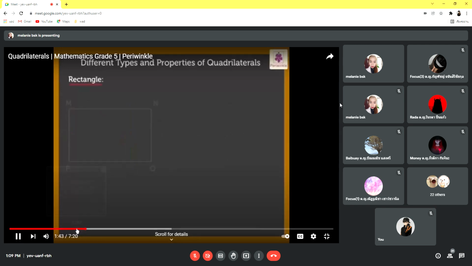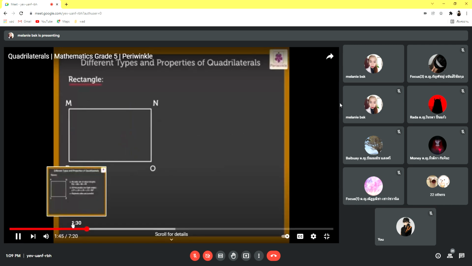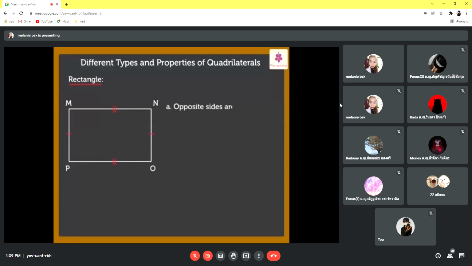Next is a rectangle. In rectangle MNOP, A. Opposite sides are of equal lengths. That is, MN is equal to PO and MP is equal to NO. B. All the angles are right angles.